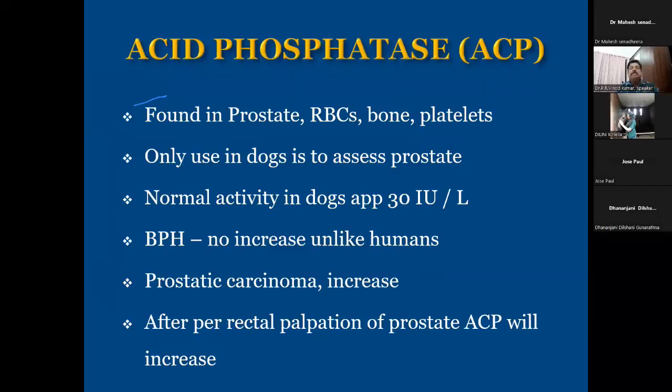If there is an enlargement, we can palpate it to a certain extent, if the finger is long enough. If it is a short finger, we cannot touch it. Even just one or two presses on the prostate itself, ACP will be released and will increase. That sensitive is the prostate.